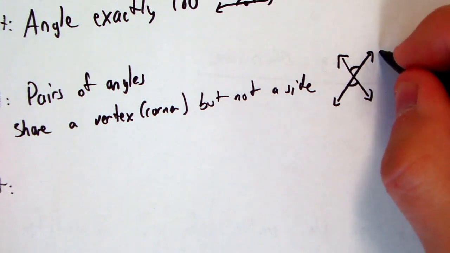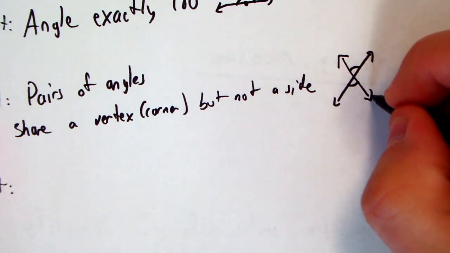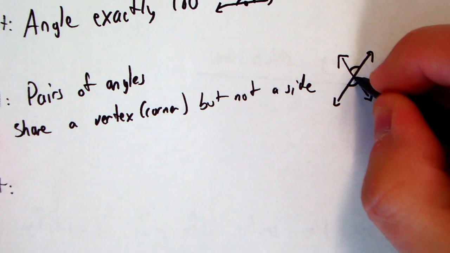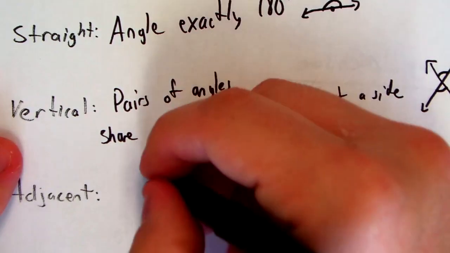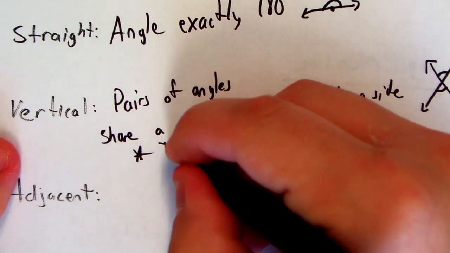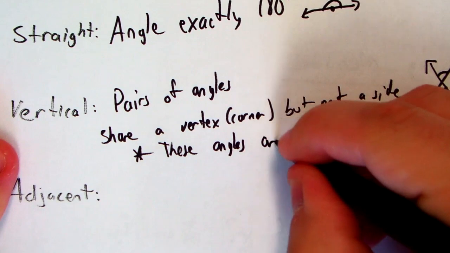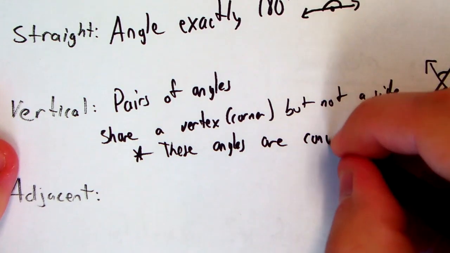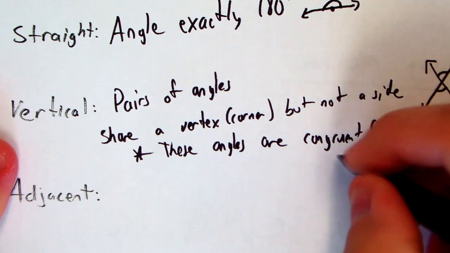This angle is formed by going up and then down. They meet right here on the corner, but they never overlap a side. Important thing here, these angles are congruent. And that means they're equal. But we like the word congruent in math.